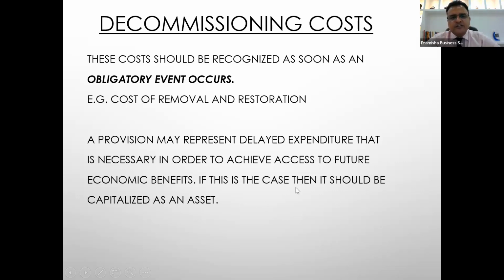Any restoration and removal costs are mandatory for purchasing an asset, because if you don't agree to these costs, you'll not be allowed to purchase the asset. So to be able to use the asset, you need to agree to these costs, and if you agree, you become liable to incur these expenditures in future. And if you do not know the amount, you need to record it as a provision today.